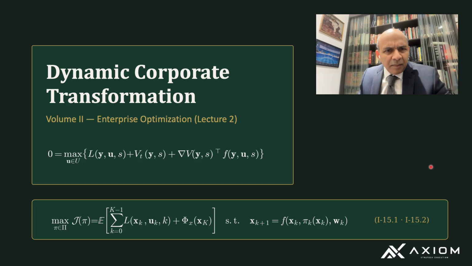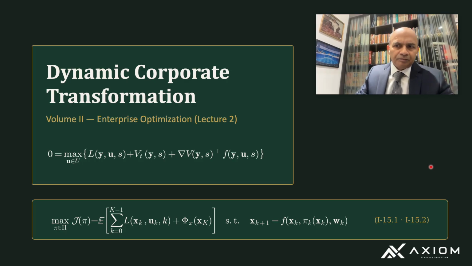So the max over u, which is an element of the big U set, is basically where management chooses the admissible control that maximizes the sum of the current payoff and the induced change in continuation value. So at every state and time, the optimal control is u star, which maximizes immediate value plus the rate at which the decision changes the enterprise's future value.